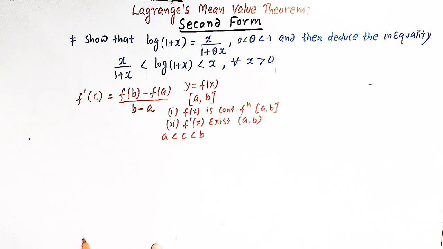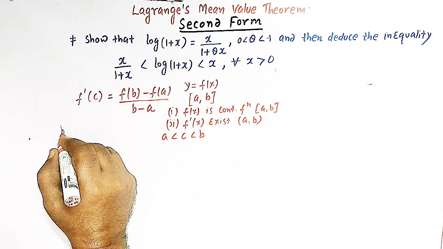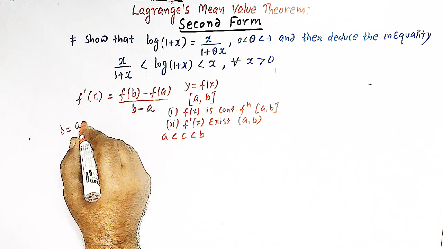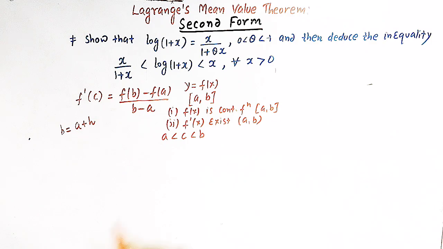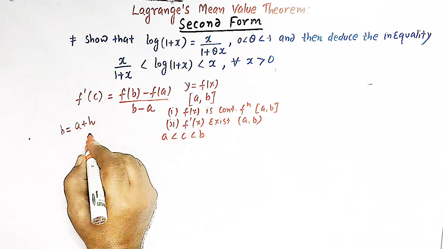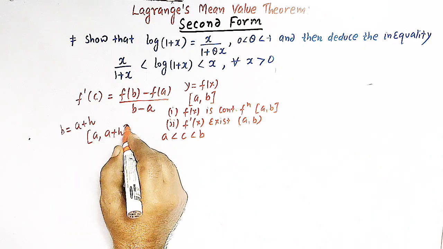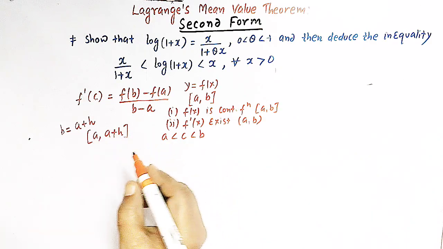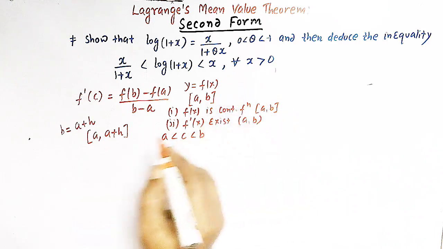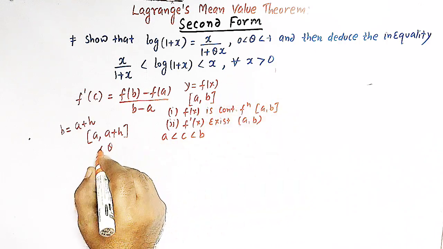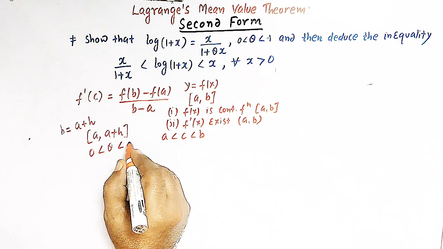So let us modify this form slightly by taking b is equal to say a plus h. Right? So now our interval is a comma a plus h. Right? And let us take a quantity theta which lies between 0 and 1.